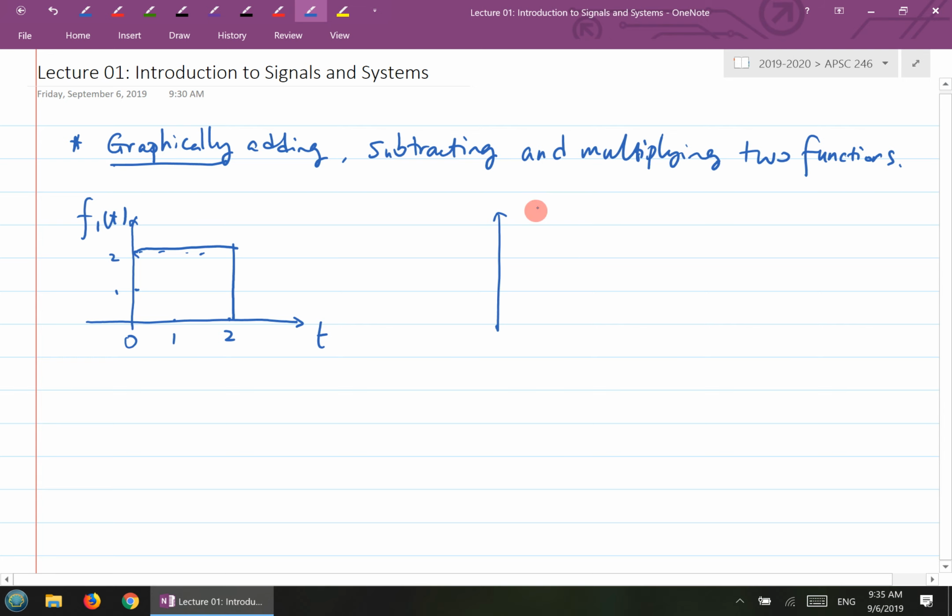And the second function, let's say, is called f2 of t. Now this one is very similar, but just a bit shy in terms of the magnitude. That's f2 of t.